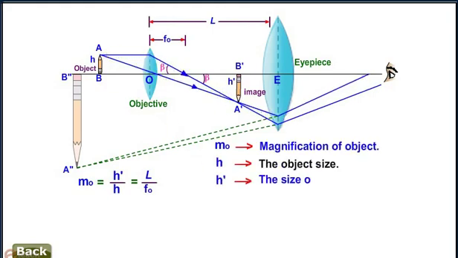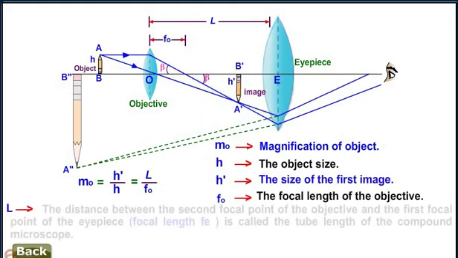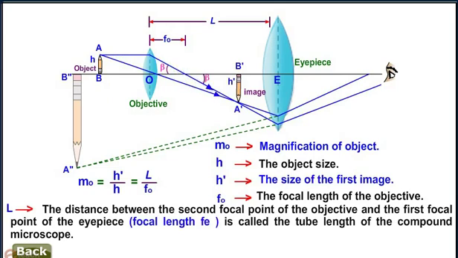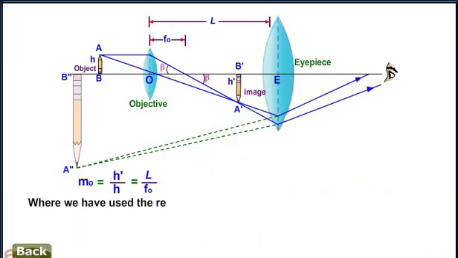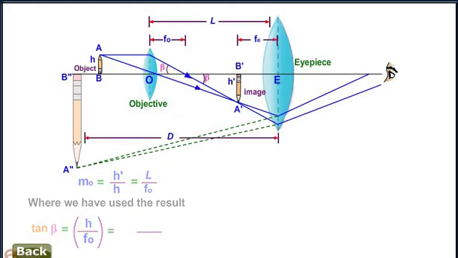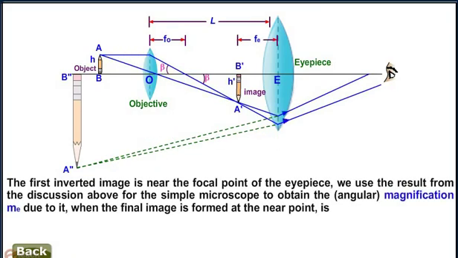Here L is the distance between the second focal point of the objective and the first focal point of the eyepiece, of focal length fe, and is called the tube length of the compound microscope, where we have used the result tan beta equals h by f naught equals h prime by L. The first inverted image is near the focal point of the eyepiece.